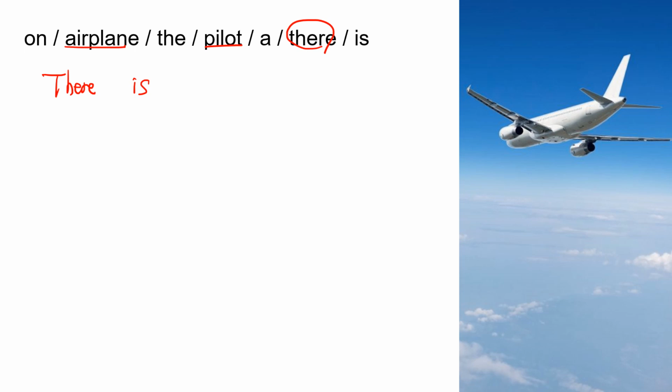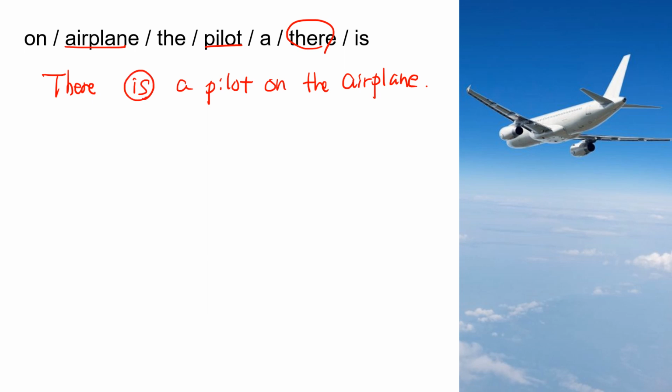There is a pilot. There is a pilot where? On the airplane. Now the reason I didn't tell you what pattern this is, is because of this word.